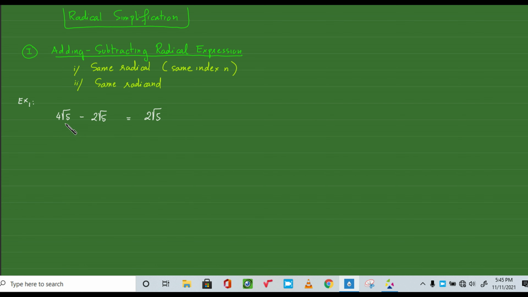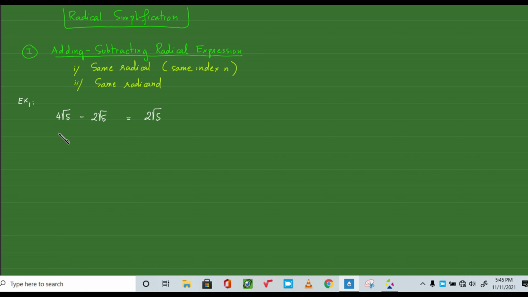You see that? It's kind of the same as when you combine like terms: you just keep the denomination. The radical 5 here is nothing but the denomination, and you just add or subtract the coefficients together. That's this subtraction, and you can do the same for addition.